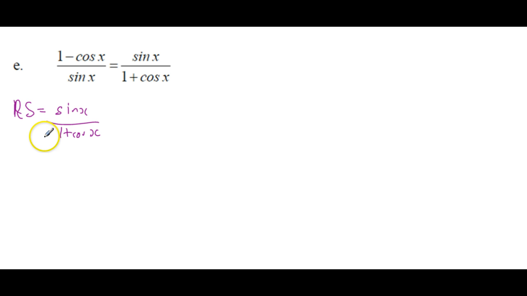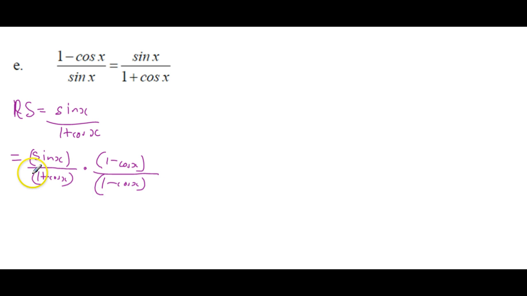And then we're going to multiply by the conjugate of this. So we're going to take sine x over 1 plus cos x, with appropriate brackets, times 1 minus cos x over 1 minus cos x.